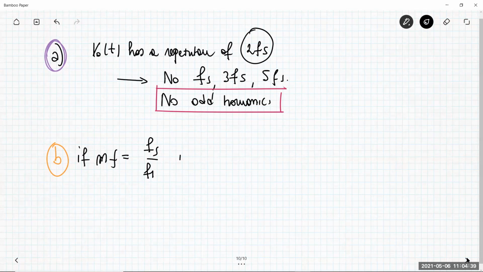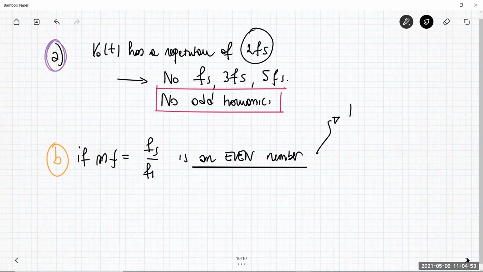If MF is an even number, we can have two consequences, say B1 and B2. The first one is we have no intermodulation products around odd Fs harmonics.